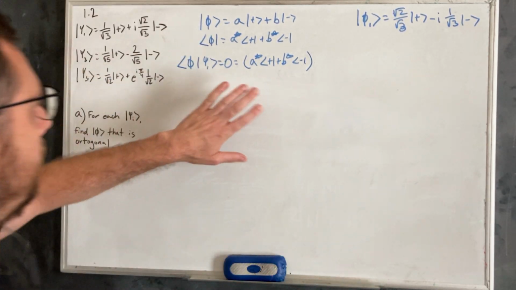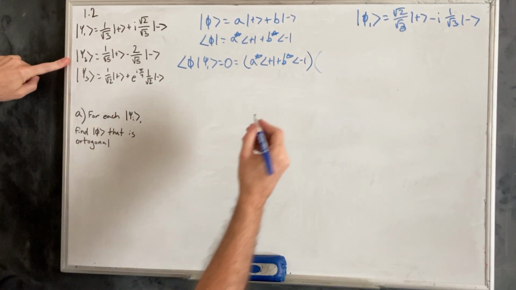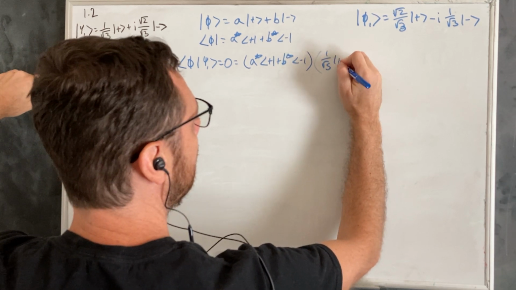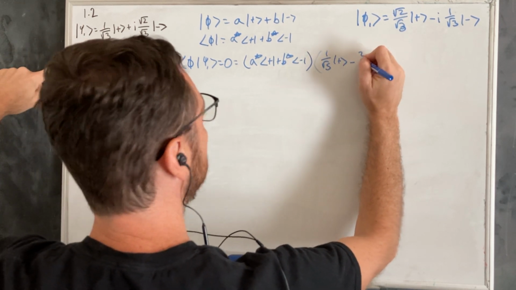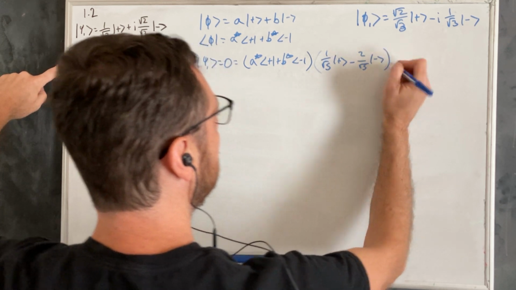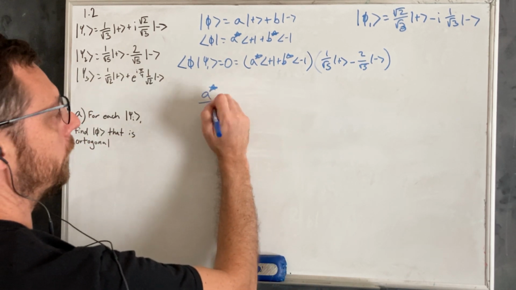Okay, so our second one, our setup stays the same initially. So now we'll just do the second state here. So it's going to be 1 over root 5 up minus 2 over root 5 down. All right, our plus and our plus, we get a star over root 5.